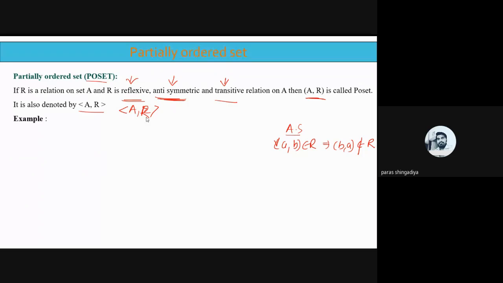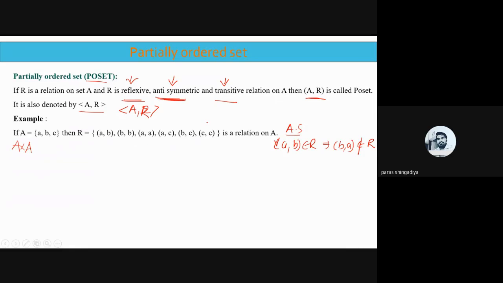Now let us consider one example. A is equal to {a, b, c}, three elements included in this set A. Now I'll consider one subset of A cross A. You can also write out A cross A if it is required to define the subset, or you can just consider a subset of A cross A directly, and that is the relation.